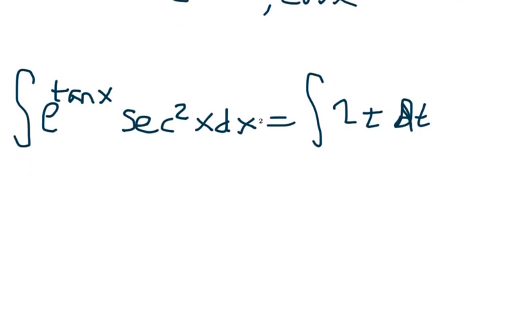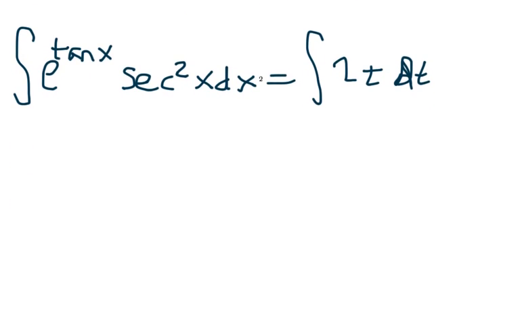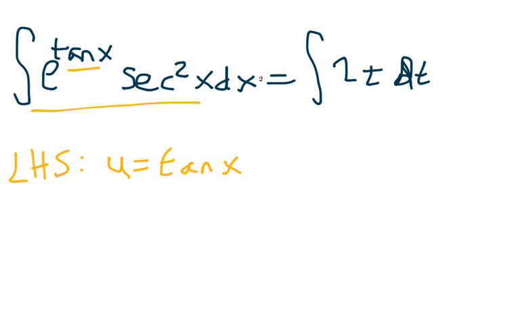And we're just going to do these integrals. So for the left hand side, which is this, how do we solve this? Well, let's just use a u substitution. Because I have tangent x, and the derivative of tangent x is secant squared, that's going to work out. u is equal to tangent x, du is equal to secant squared x dx.